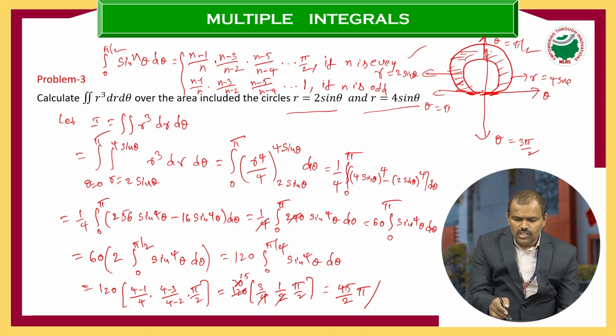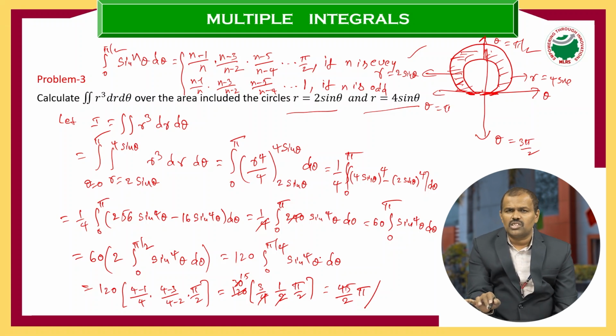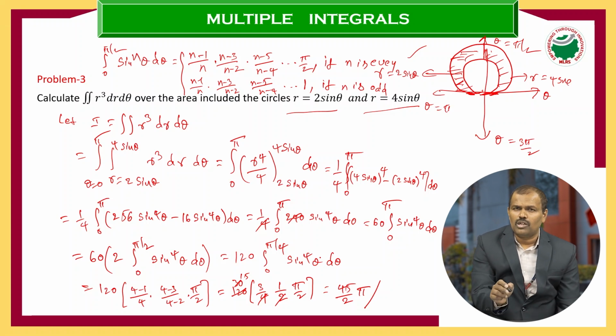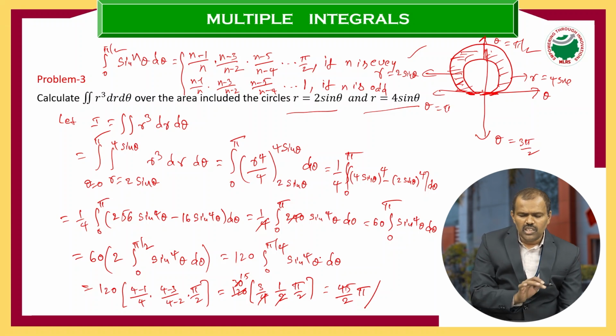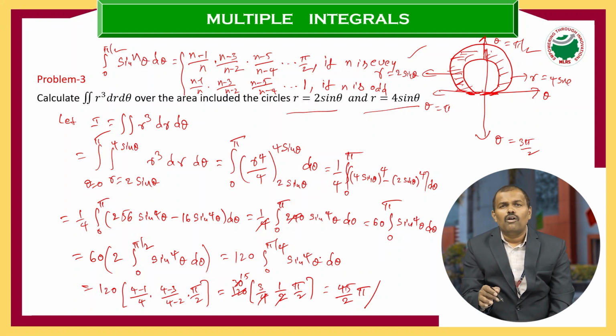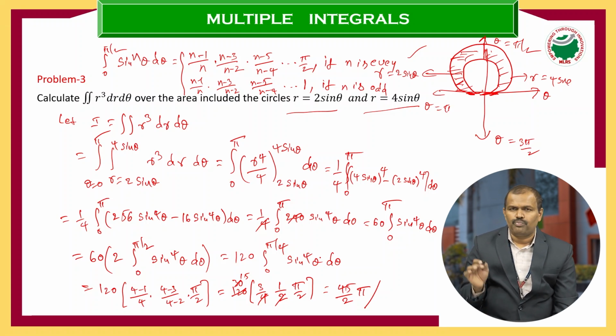So here n is 4, that's why I applied the last term as pi by 2, with (n minus 1)/n into (n minus 3)/(n minus 2). Simply, numerators are odd terms and denominators are even terms. n minus 1, n minus 3, n minus 5 are odd terms in the numerator, and the denominator has even terms, n, n minus 2, n minus 4 like that. So I applied that formula with the mathematical calculations. Finally I got 45 pi by 2.